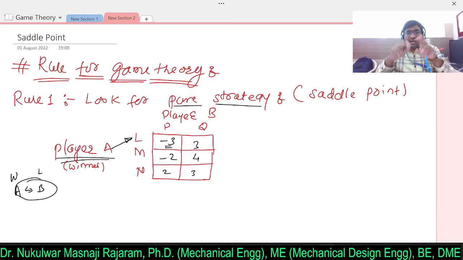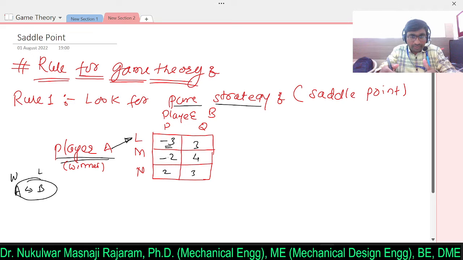If you draw the matrix for player B, then it is +3. Now if you observe this particular L strategy, it will get -3 rupees when player B plays strategy P. Suppose player B plays strategy Q, in that case player A will get +3. So loss for B and gain for player A.